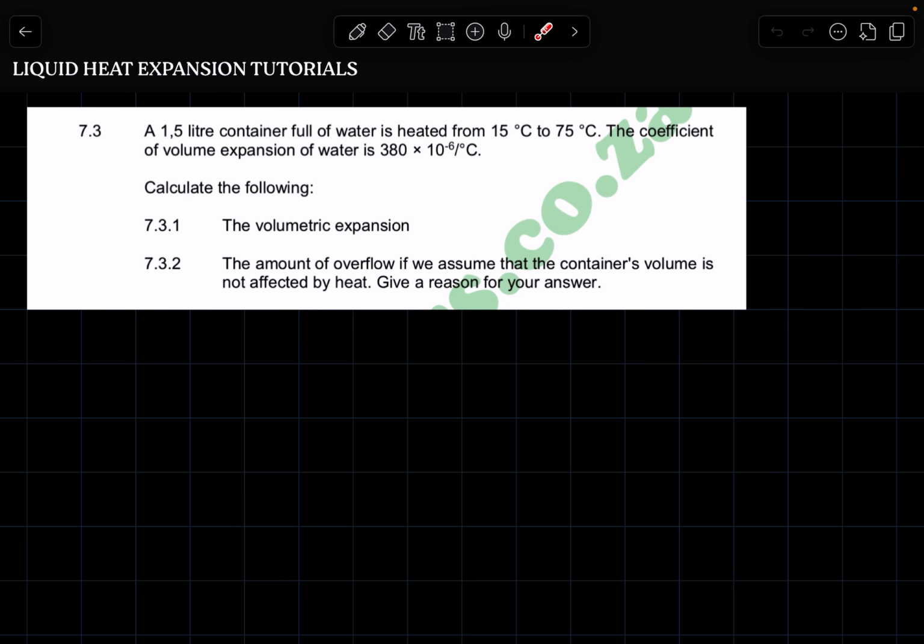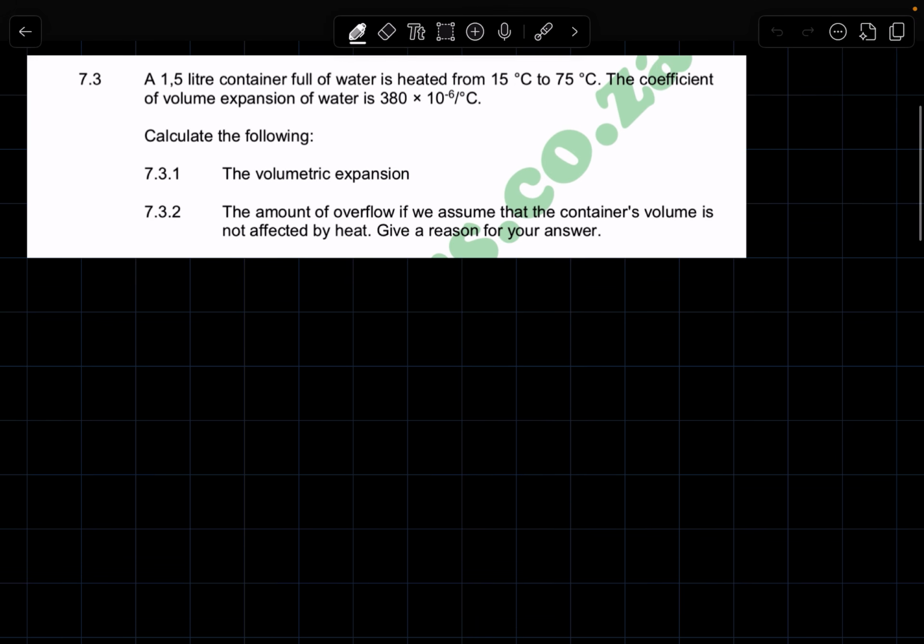So heat is being gained here, meaning that our change in temperature will be equal to T2 minus T1. The coefficient of volume expansion of water is, so here they've given us the gamma, 380 times 10 to the negative 6 per degree.